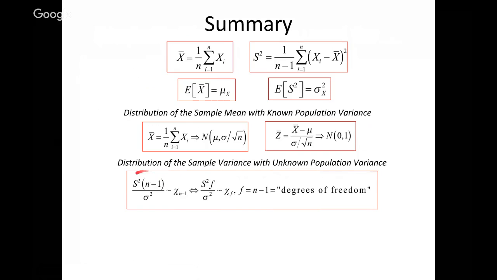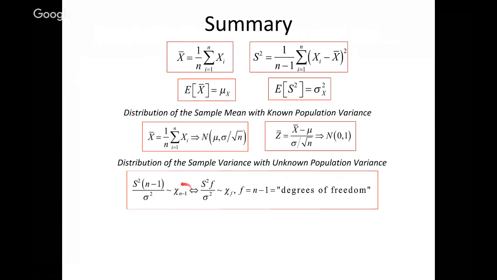And what we showed in the last video is that basically the sample variance, indicated here by s squared, when normalized by the population variance and then multiplied by the degrees of freedom, which is the number of samples minus 1, is going to be distributed, that little squiggly thing just means that this thing is distributed, has a probability distribution equal to the chi-squared distribution with n minus 1 degrees of freedom.